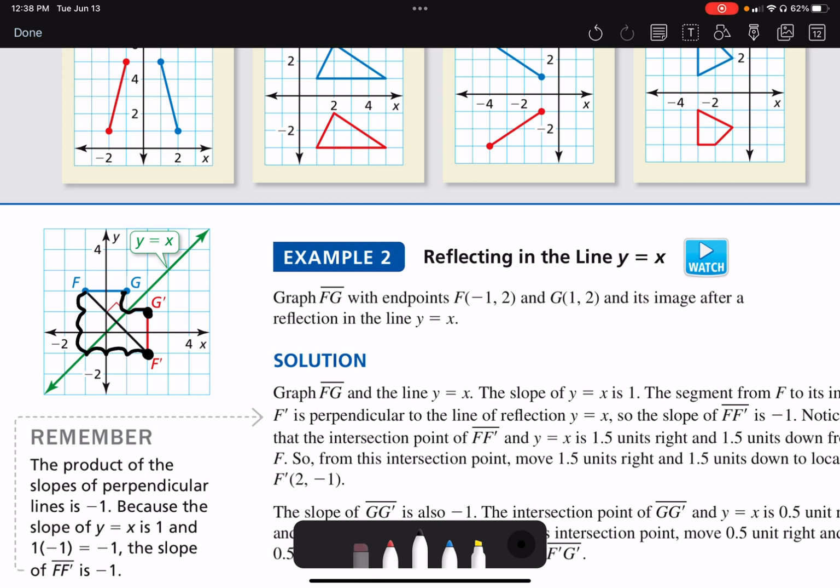That's how I look at it when I'm reflecting over y equals x or y equals negative x. Y is equal to negative x would look something like this. That would be y is equal to negative x. Okay.